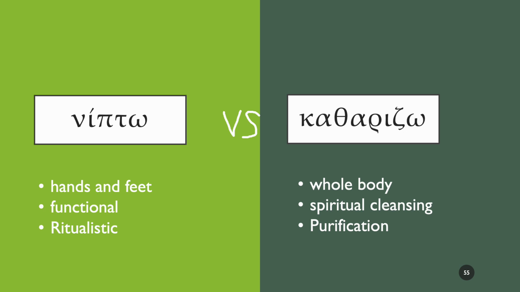It's usually focused on the hands and the feet rather than the whole body. So Jesus says that once he's washed the hands and feet, there's no need to wash the whole body because the whole body is already clean. And when he says you're wholly clean, the word katharizo is used.